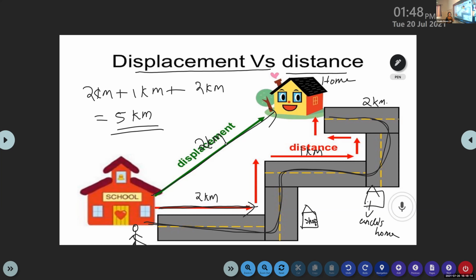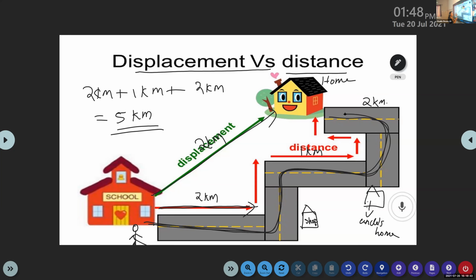Here in both cases, the initial point and the final point are the same. What is the initial point here? In both days, the initial point and final point are the same. What is the initial point? School. School, and the final point is home. Okay, here in both days, the initial point and the final point are the same. But in the first case, or on the first day, he travels this much distance.